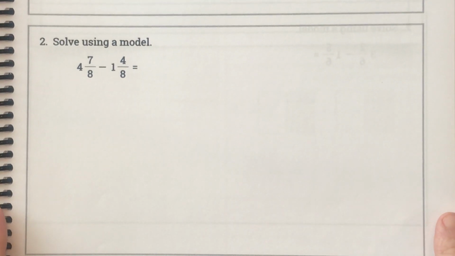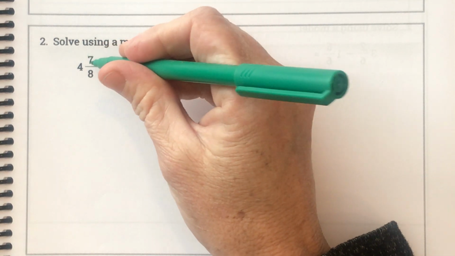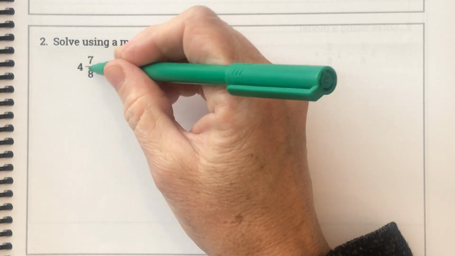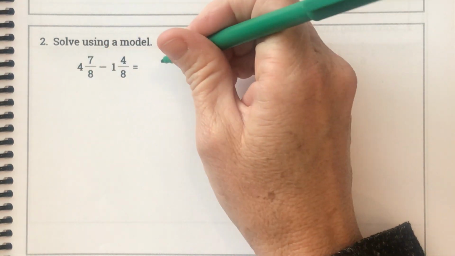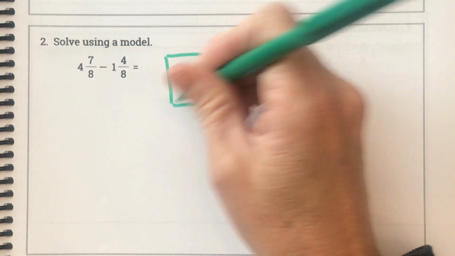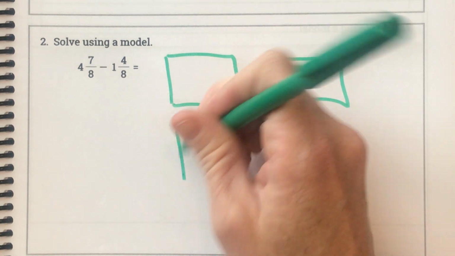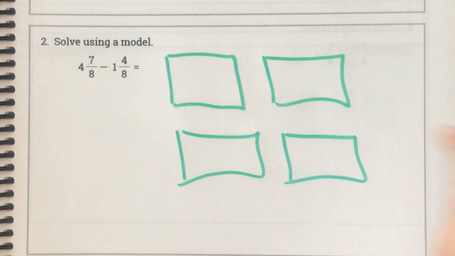It says 4 7/8, take away 1 4/8. Okay, ready? So we're going to draw what we have, or our minuend. So we have 4 wholes, 1, 2, 3, 4 wholes.